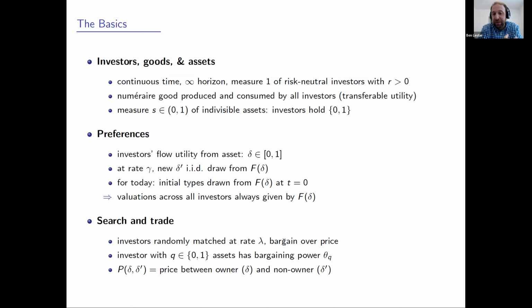Of course, this is just a cheap way to sidestep really modeling the medium of exchange that people use to actually pay for the assets they buy. So this is a cheap way to just assume that there's transferable utility between investors when they determine the terms of trade. Now, of course, some great work has been done by Shengxing, by Lucas, by others, thinking hard about how people actually pay for assets.